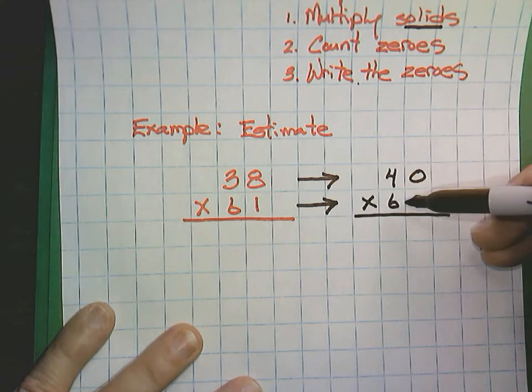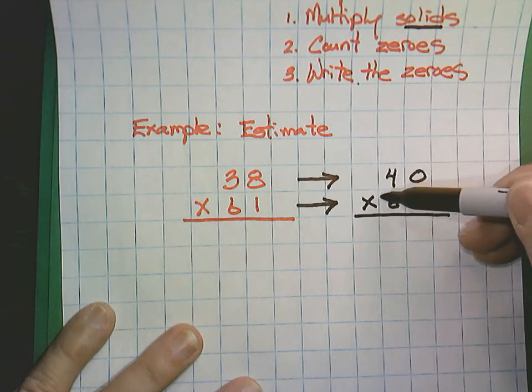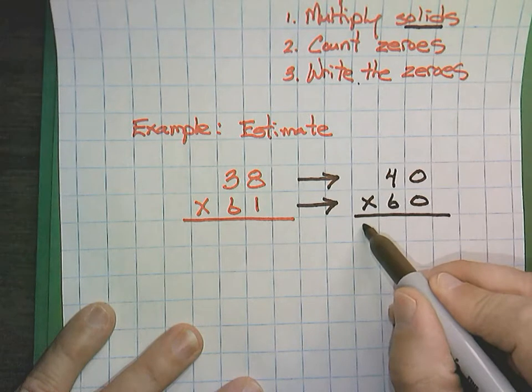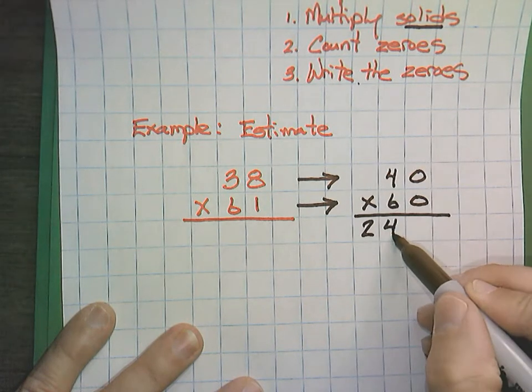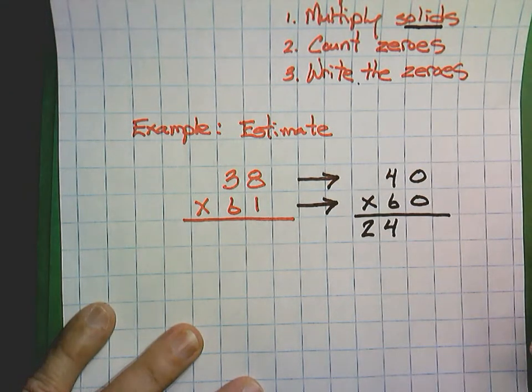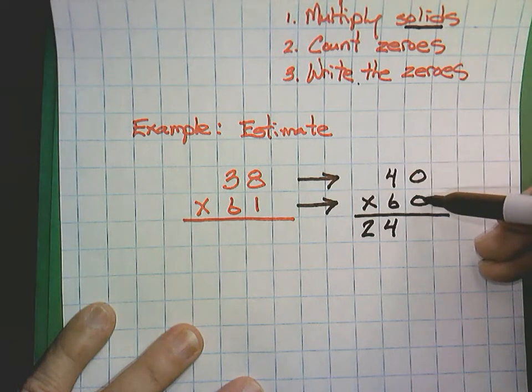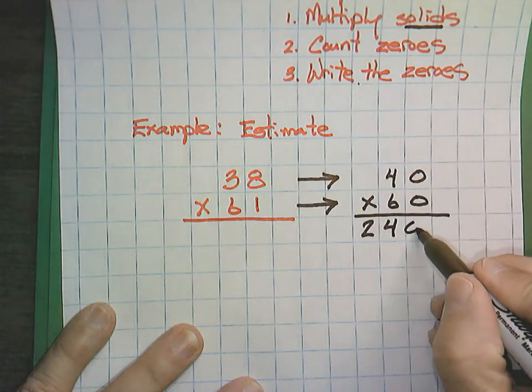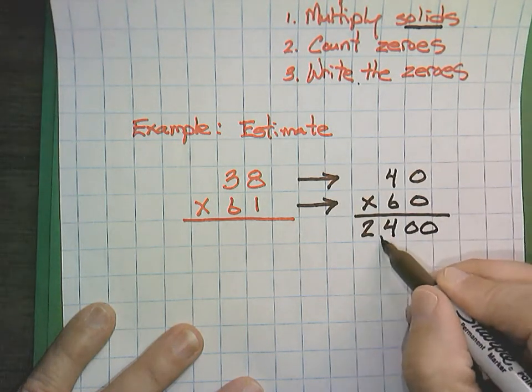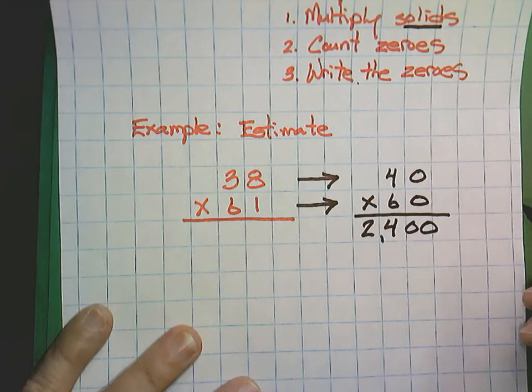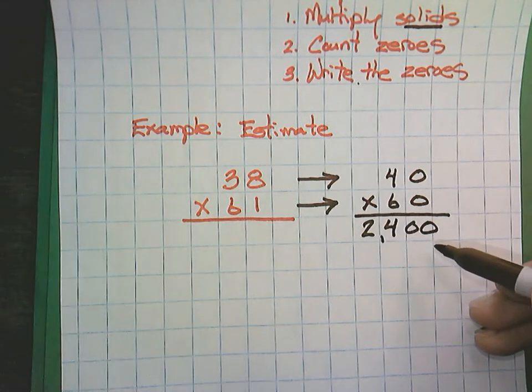I call these solids. That's my expression. 4 times 6 is 24. Count your zeros, 1, 2, and write your zeros, 1, 2. So once again, we get a product of 2,400.